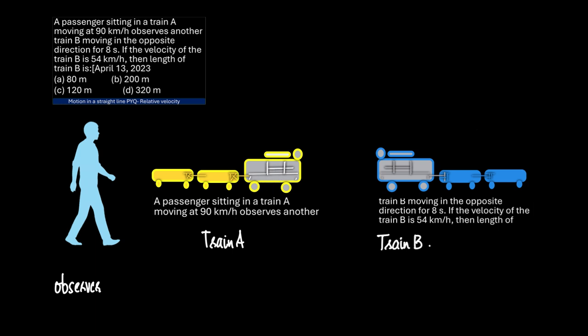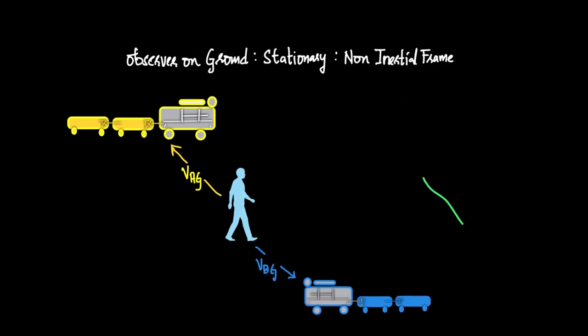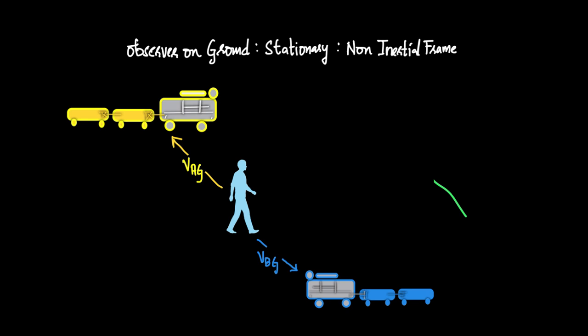Now what I'll do is, I will try to solve this question by considering the observer on the ground, or the person who is actually seeing these two motions of train A and train B with the respective velocities VA and VB with respect to the ground, which is stationary and therefore is a non-inertial frame.